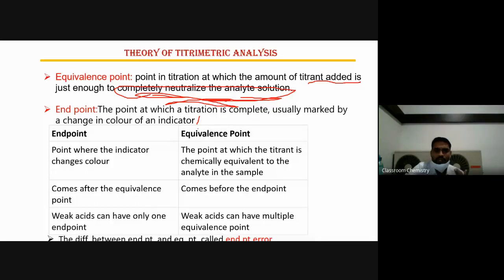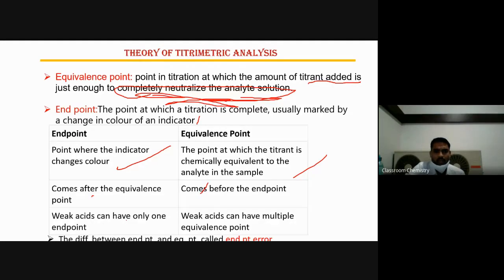Before observation of color it is the equivalence point, but after color formation it is the end point, the point where the indicator changes color. The equivalence point is where the titrant is chemically equivalent to the analyte in the sample. That is, it is the neutralization point. The equivalence point comes before the end point.